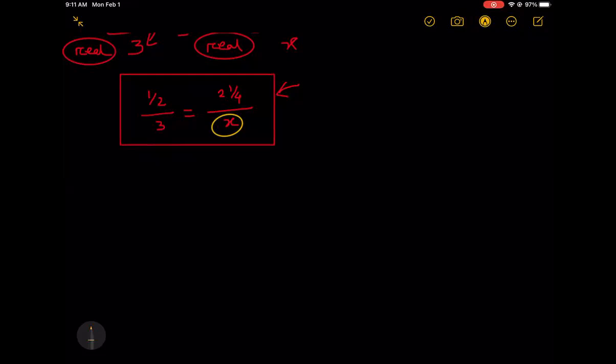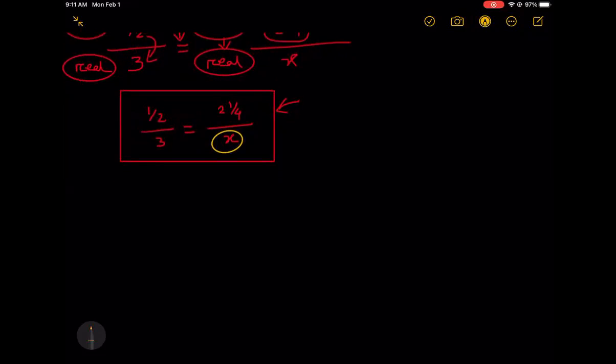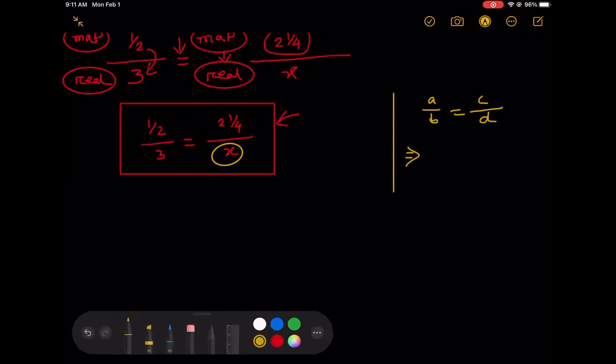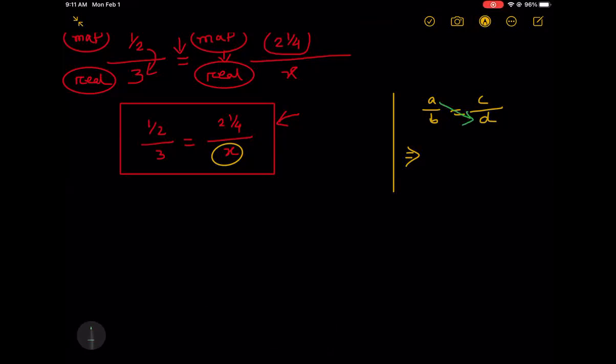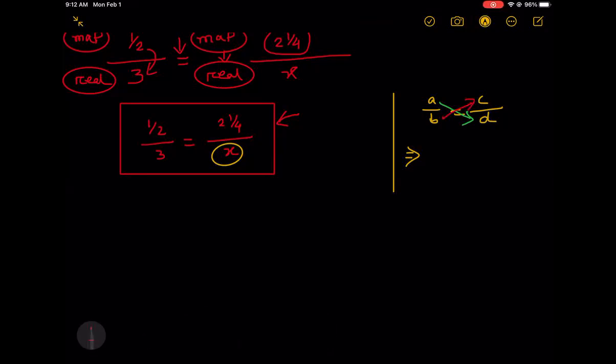So for that, cross multiplication, as I mentioned before, is one of the easiest things to do. And how can we do that? If we have a fraction like this, cross multiplication means just go in this direction. That's your cross multiplication, like this.